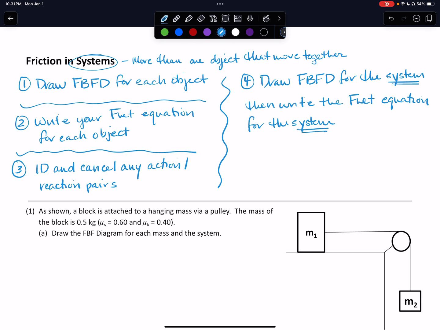Remember, the system has a total mass, so you need to add up all the masses, and it has a total acceleration. So once you identify the acceleration of the system, that acceleration value holds for each individual part of the system as well.